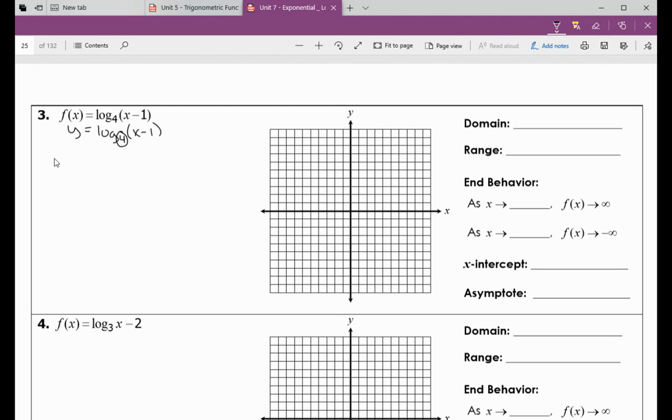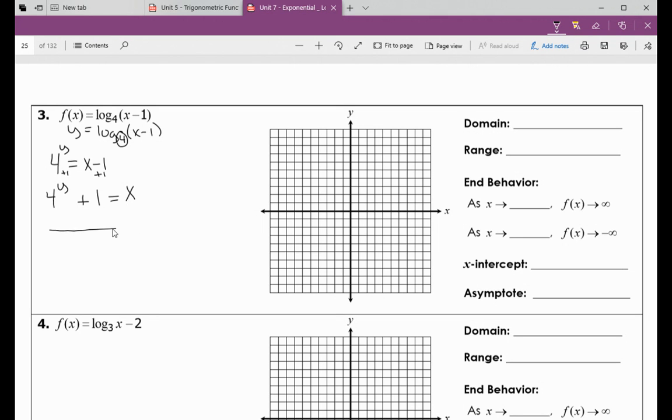So I'm going to raise 4 to the y power equals x minus 1, putting it in its exponential form. Then I'm going to add 1 to both sides to get x by itself. So this is what I'm graphing.